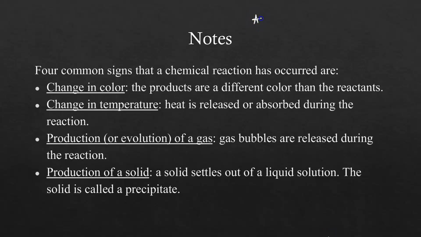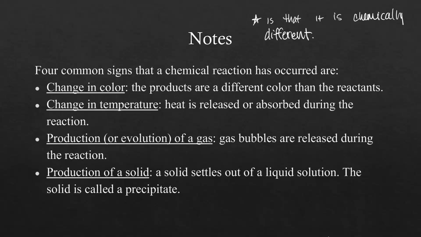The key part for a chemical reaction is that it is chemically different from what it started as. What this means is that the atoms are bonded to different things. Okay?